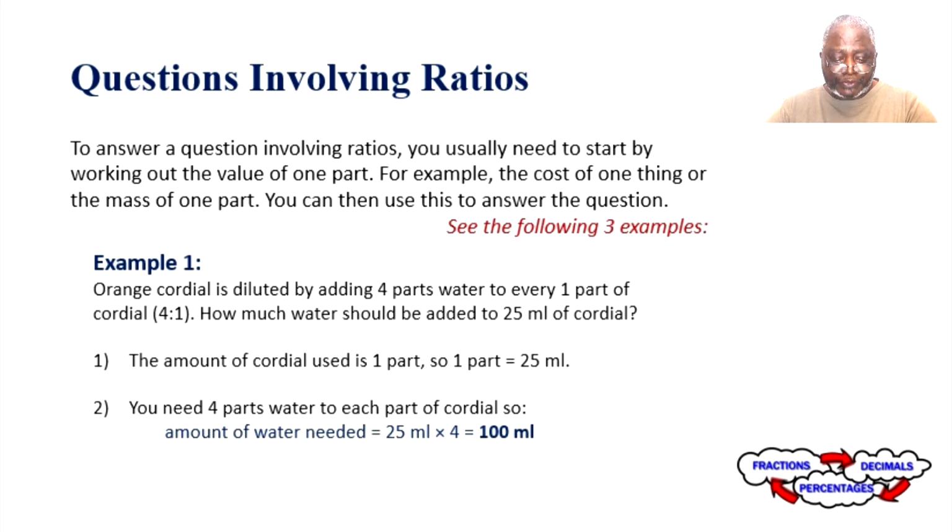You need 4 parts water to each part of cordial. So the amount of water is 25 ml times 4, which is 100 ml. And then obviously the 5th part would be the orange cordial.